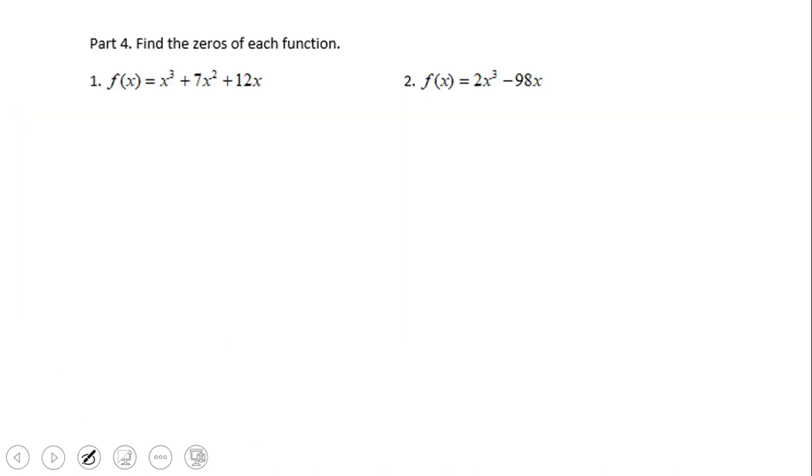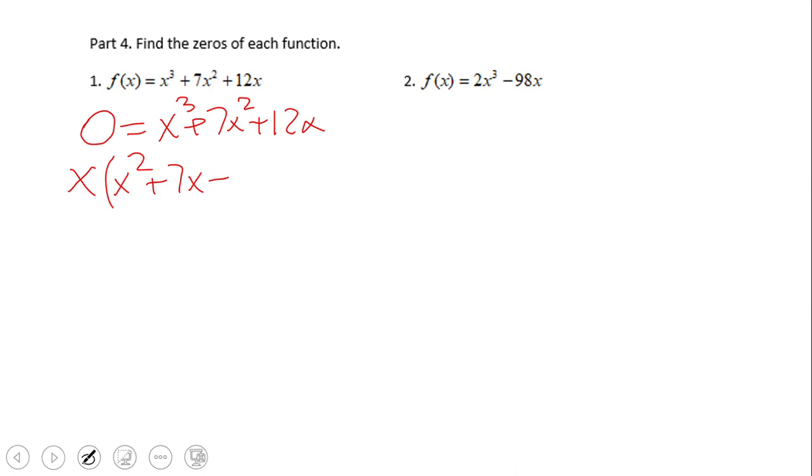Okay, so let's see here 2 examples. Find the zero of each function. So like I said, instead of f of x, we're going to put 0: x cubed plus 7x squared plus 12x. And we have to solve this one. We're going to factor out an x: x squared plus 7x plus 12 equals 0.